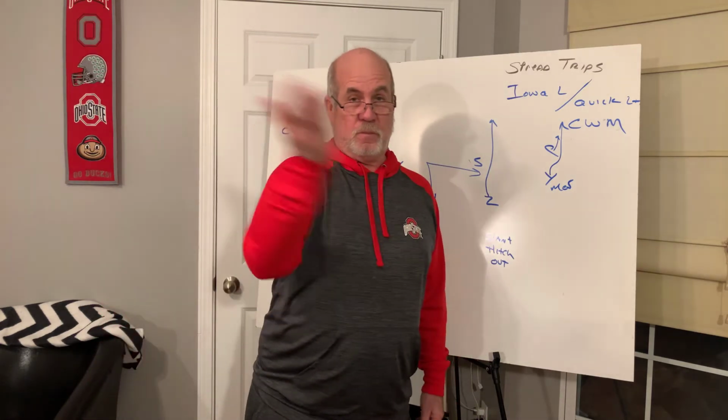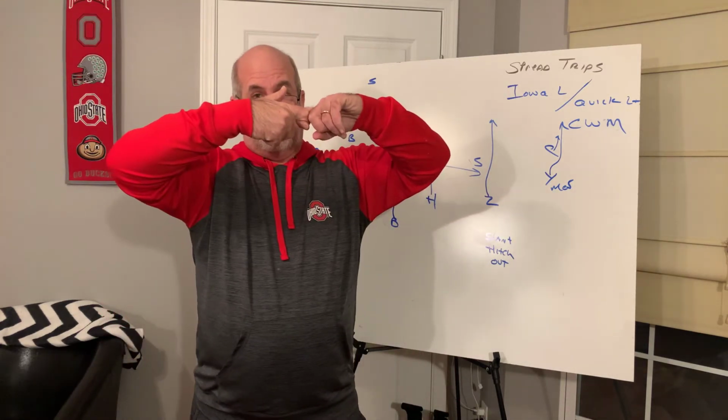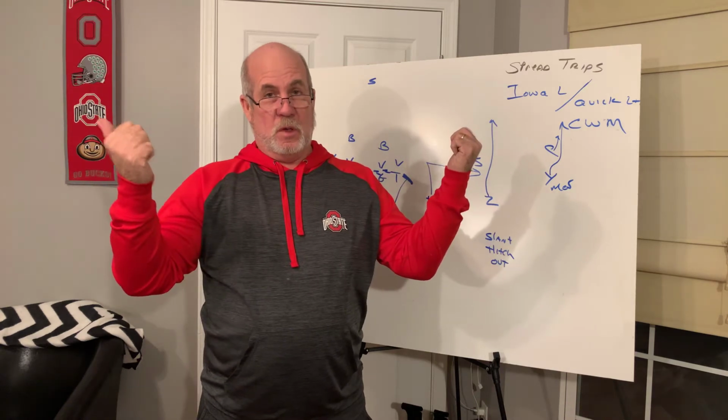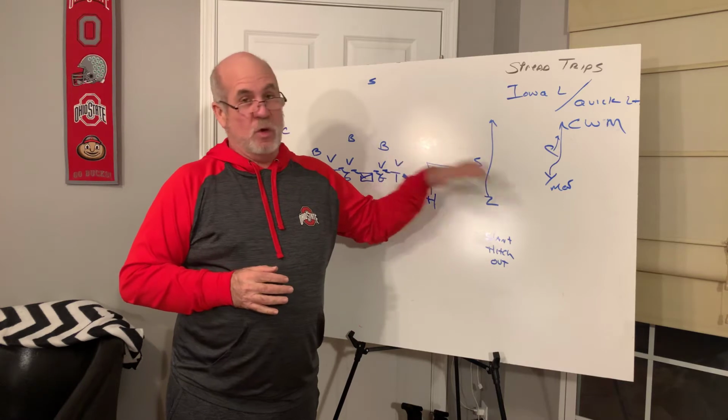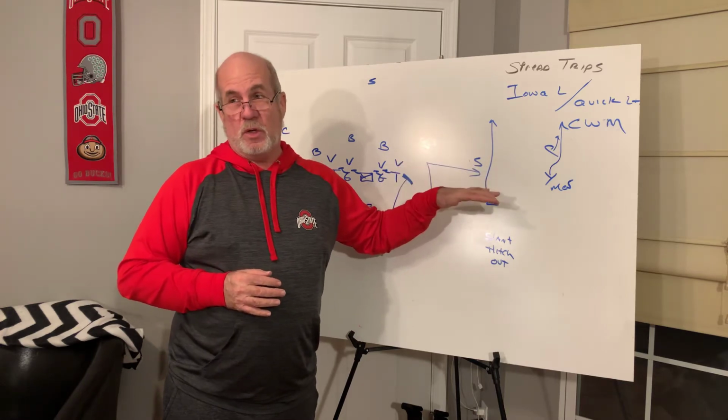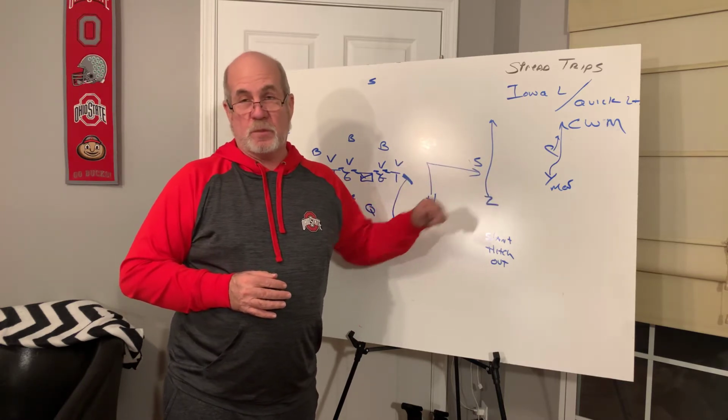Slant, hitch, or out. Whatever she signals, she only needs to signal it to the wide side of the field, because those receivers need to know what they're doing with the quick protection.